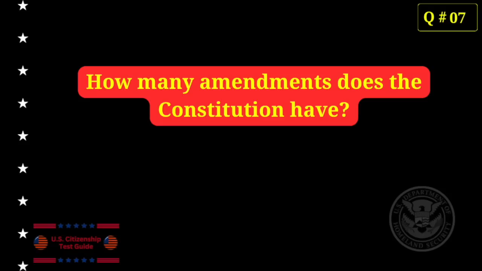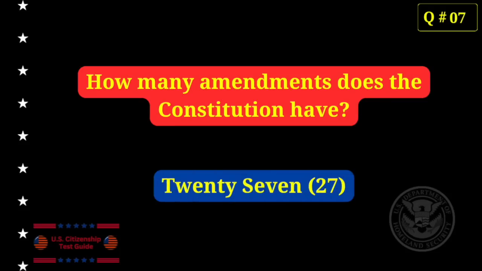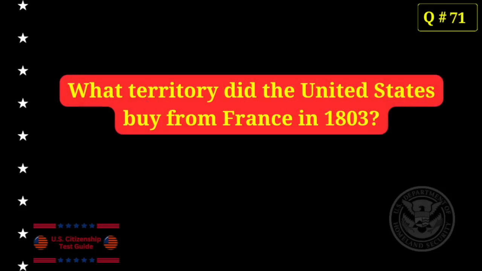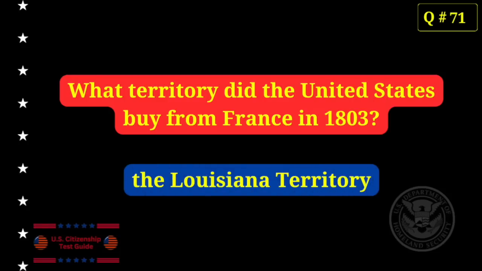How many amendments does the Constitution have? 27. What territory did the United States buy from France in 1803? The Louisiana Territory.